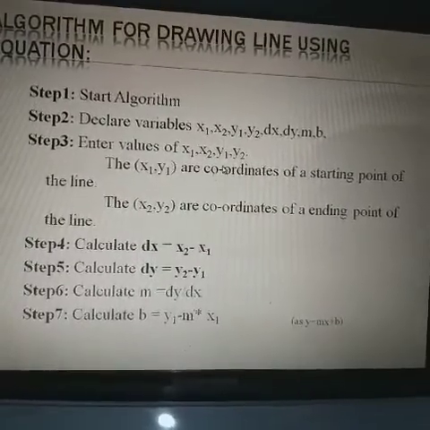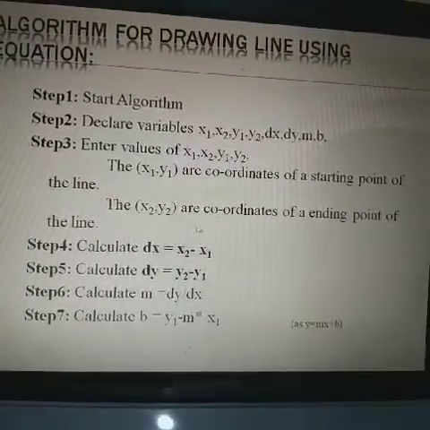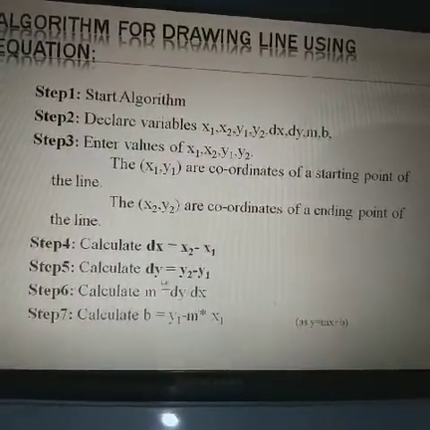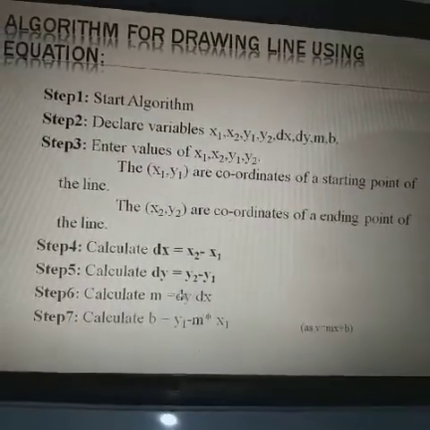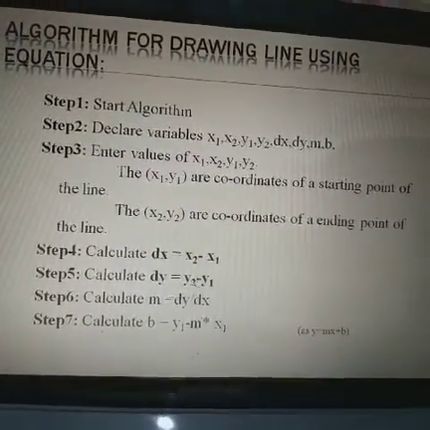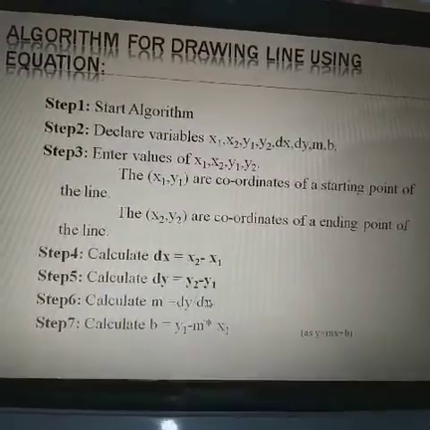First, the coordinates are to be given. To calculate the slope of the line, m equals y2 minus y1 divided by x2 minus x1.